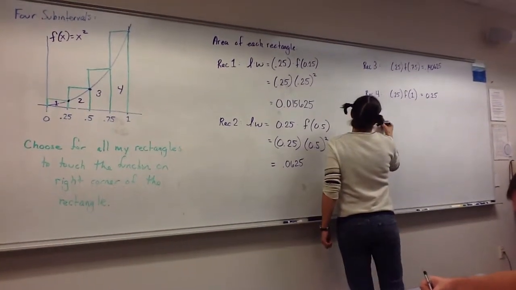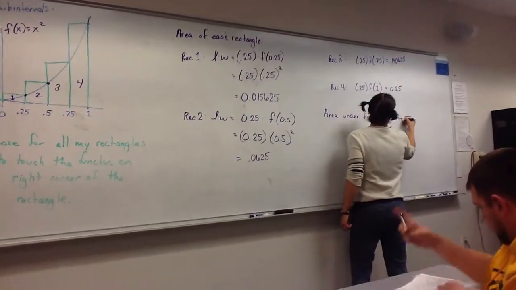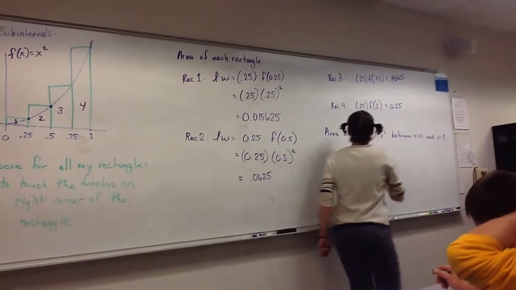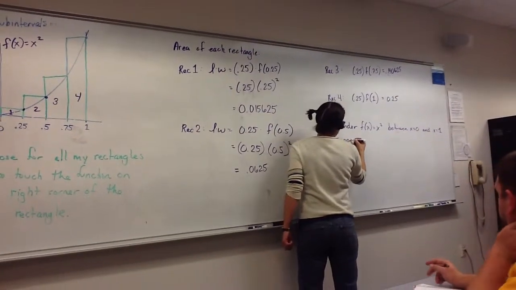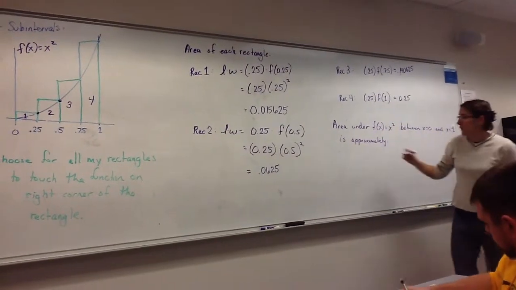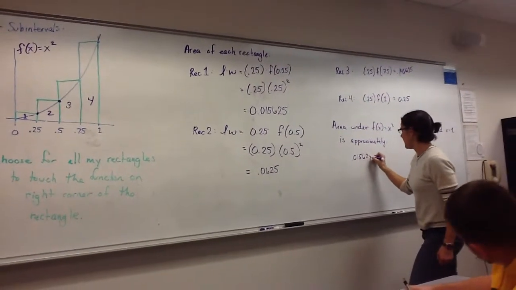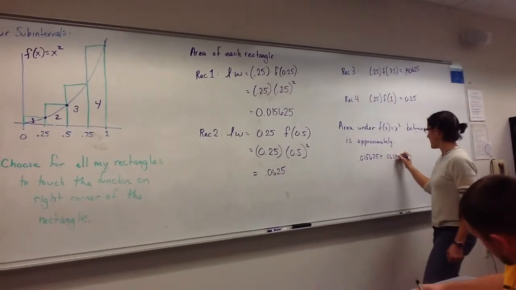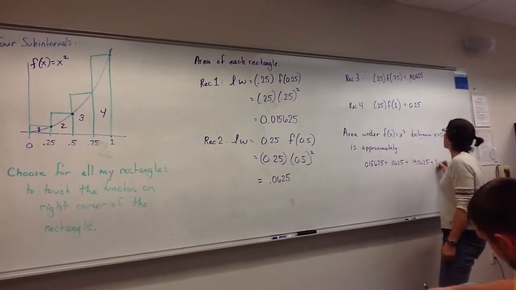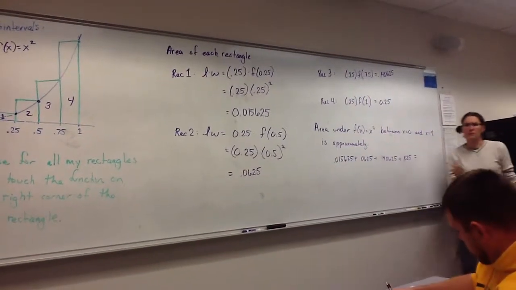The area under f of x equals x squared between x equals 0 and x equals 1 is approximately, well, I'm going to have to add up the areas of all of these: 0.015625 plus 0.0625 plus 0.140625 plus 0.25, and if you add all those numbers together, what do you end up with?